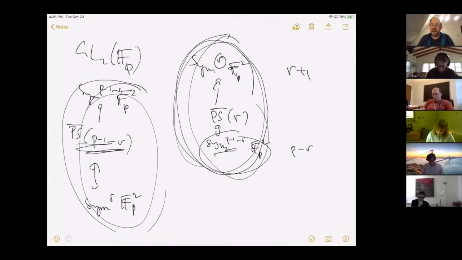And in fact, on the other hand, we at least see that the constituents of PS bar and the constituents of PS bar P minus 1 minus R are the same Jordan-Hölder factors, even if they're extended in a different order.